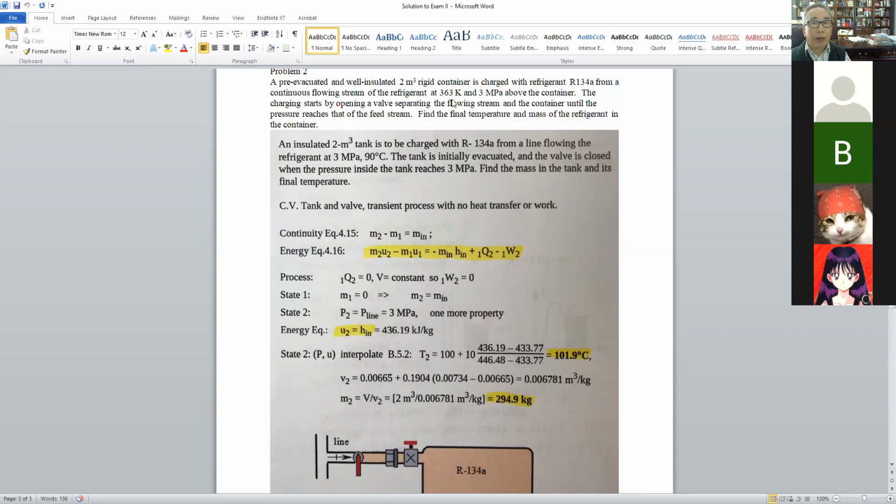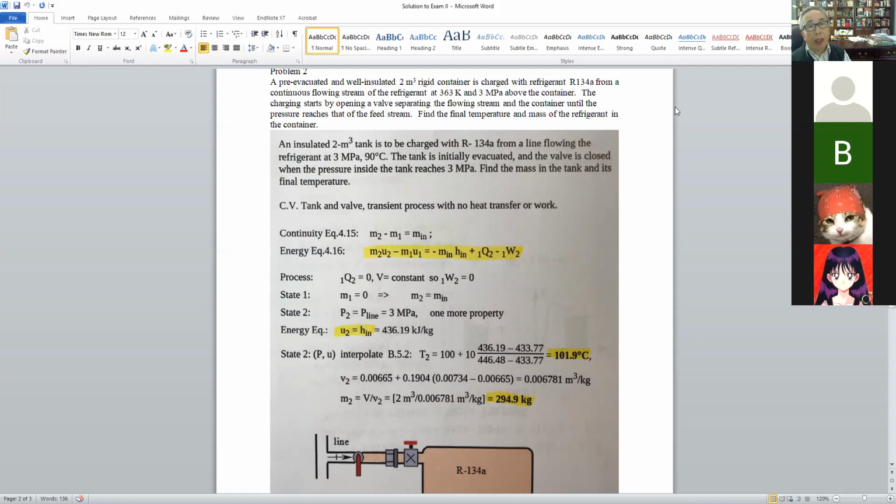So this filling process completes when the pressure of the container reach the same pressure as the delivery line. So we are asked to find the final temperature and the mass of the refrigerant in the container.